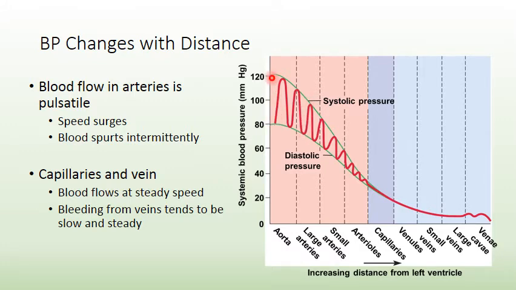So we start to see less of the big ups and downs in the pressure, and that's because we have the elastic and smooth muscle in the arteries that are trying to equalize the pressures between diastole and systole. So we start to even out those pressures as we move away from the heart, which overall puts less pressure and less stress on the walls of the blood vessels.